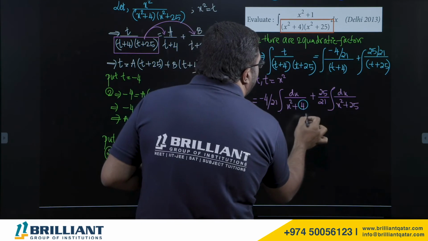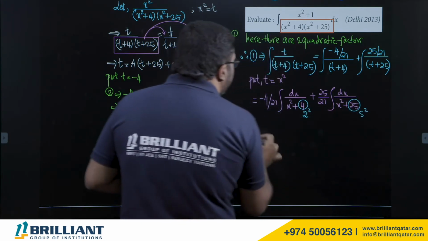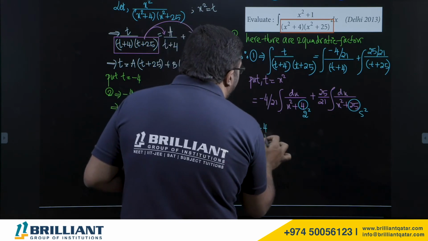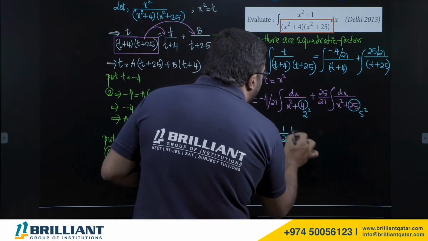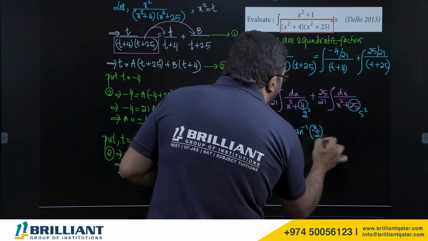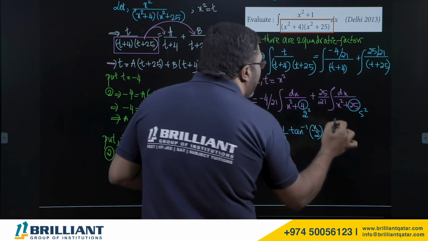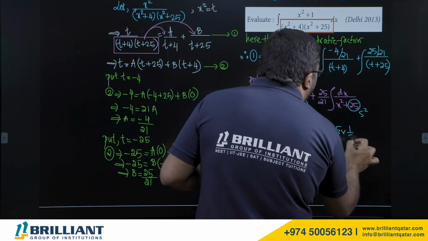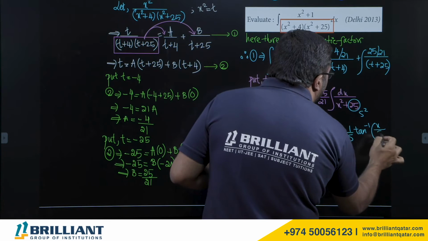This is actually 2 squared, this is actually 5 squared, so that is equal to minus 4 by 21 into 1 by a tan inverse x by a plus 25 by 21 into 1 by a tan inverse x by a.